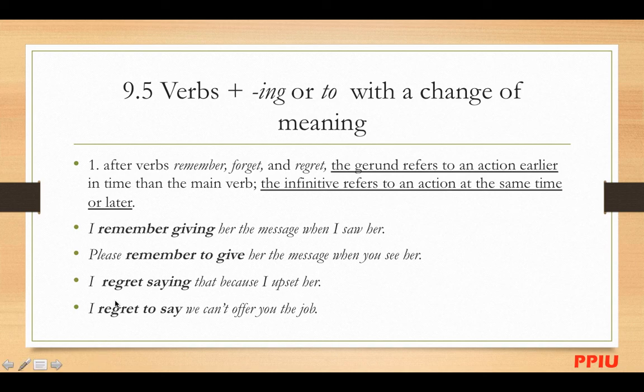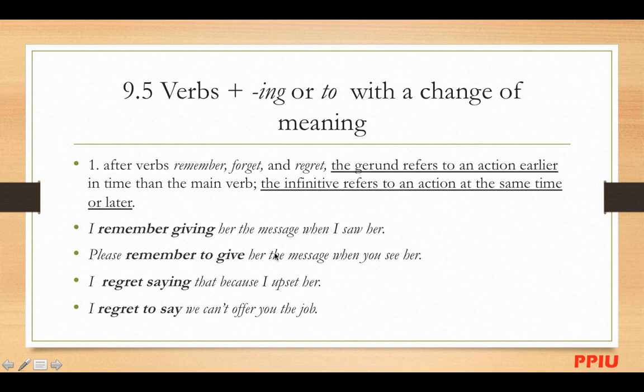I regret saying that because I upset her. Or I regret to say we can't offer you the job. Here regret saying refers to the earlier action, and regret to say refers to an action at the same time.